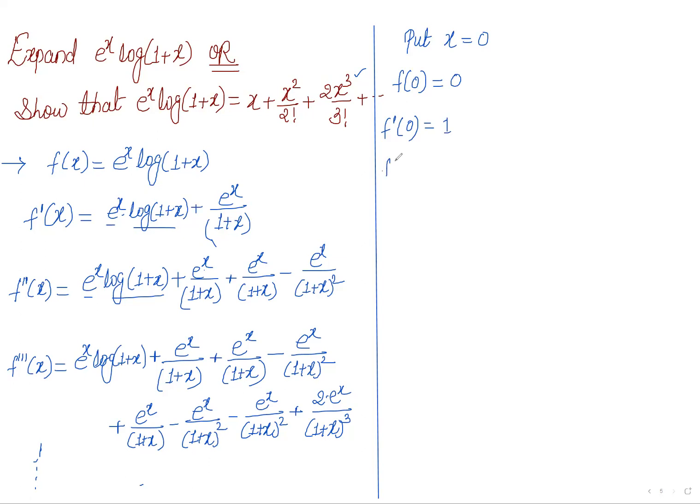Then the second derivative at 0 is again 1.